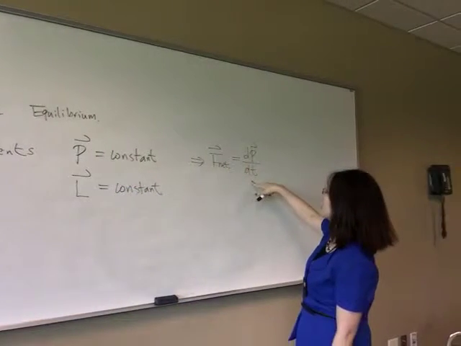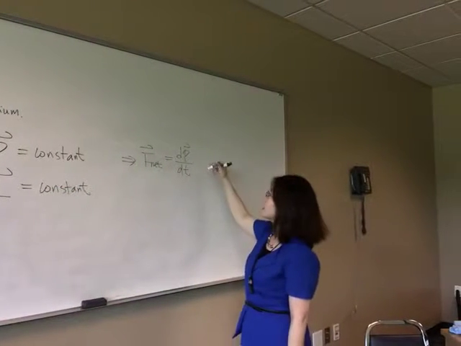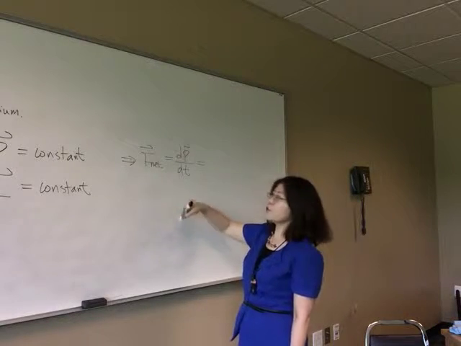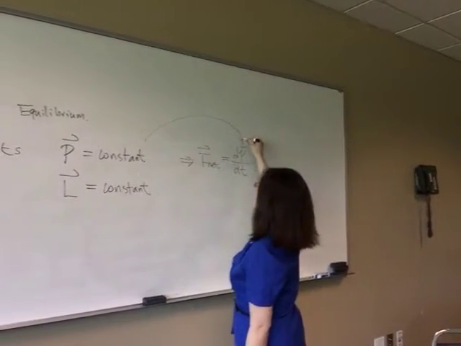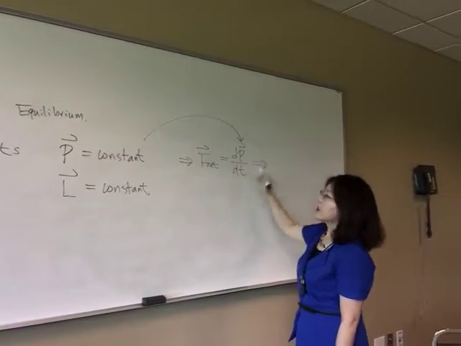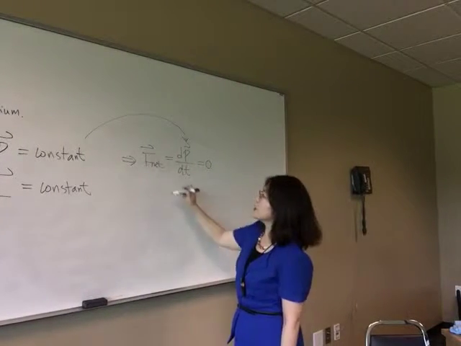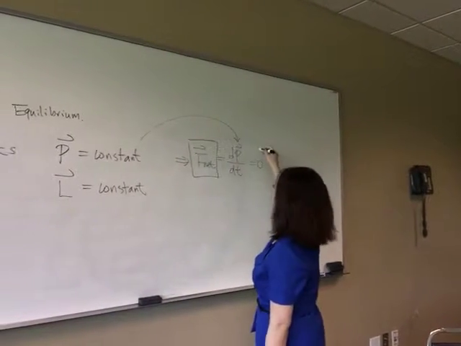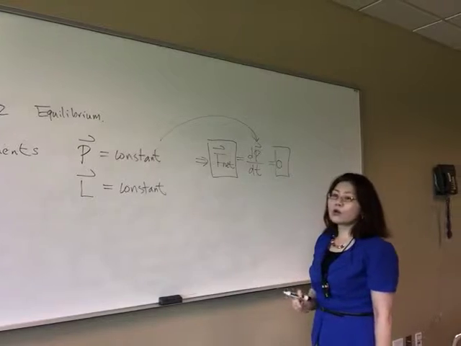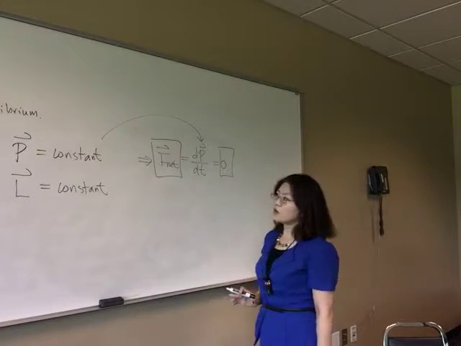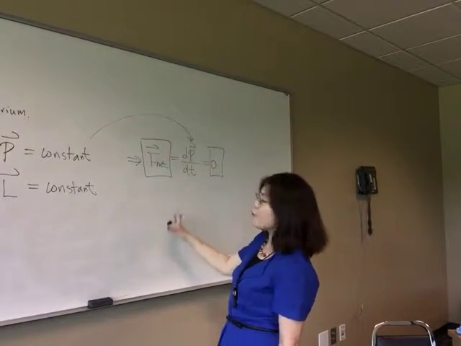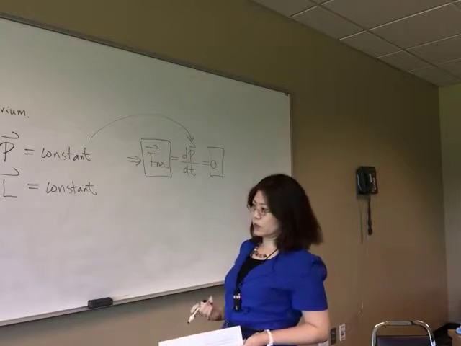When you take the time derivative of a constant, that will give you 0, which means that the net force acting on the object has to be equal to 0. Okay? So this is a requirement or the condition for the object to be in equilibrium. It means that the net force acting on the object has to be 0.